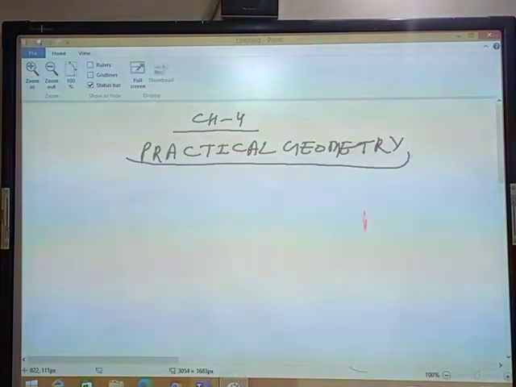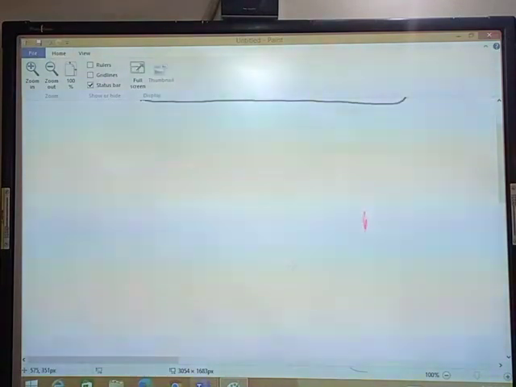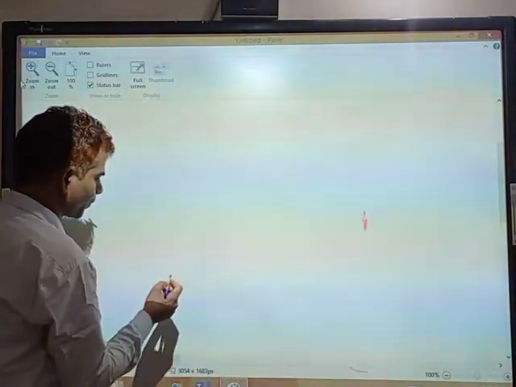Construct a quadrilateral ABCD. We have to draw a quadrilateral ABCD in which AB is 4.5 centimeters.